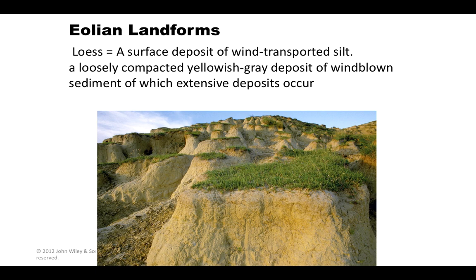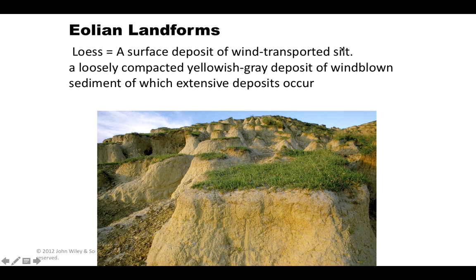Now, loess, I said that word earlier, and you've probably heard of loess before. That's where you have a wind that's transporting sand and pebbles and stuff like that, but it's also transporting silt. And if you remember back to when we talked about rivers and what rivers are transporting, one of the things they're transporting is silt.